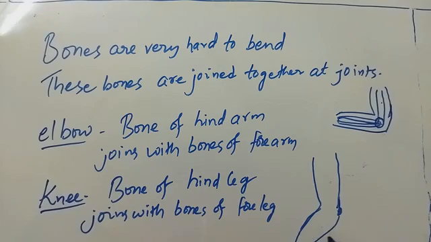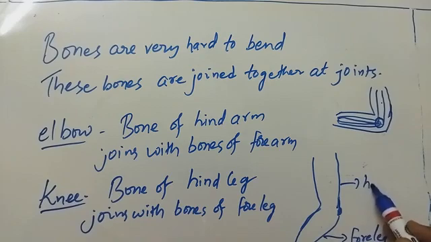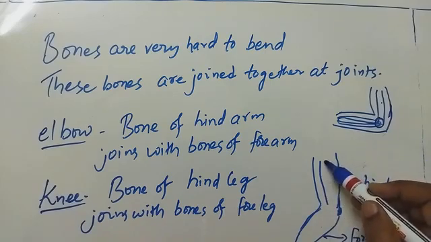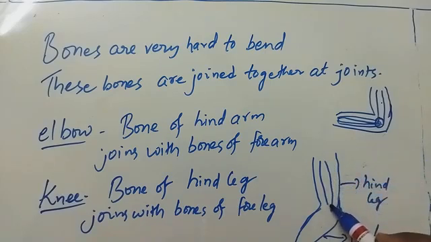So this is the foreleg. This is the hind leg. The bone of this hind leg is joining with the bones of the foreleg, right? So like this, the bones are joined together.